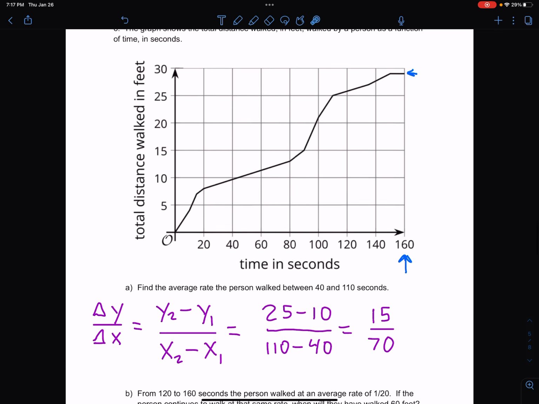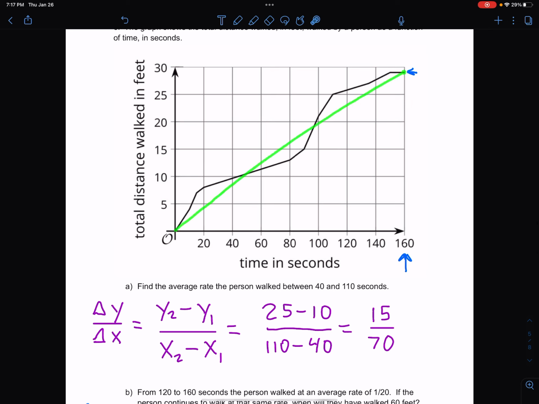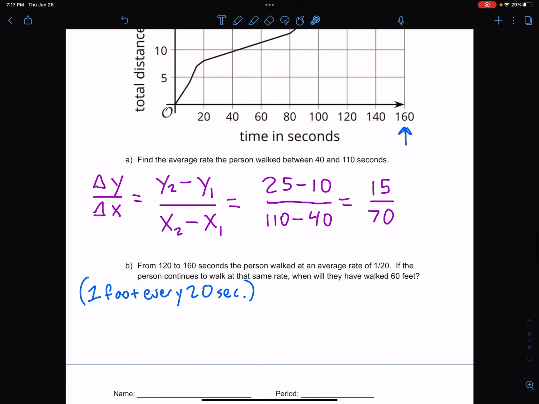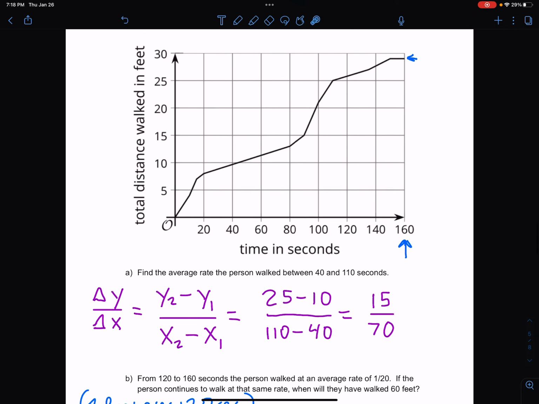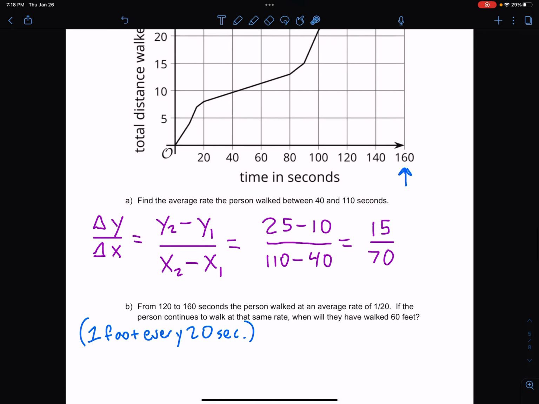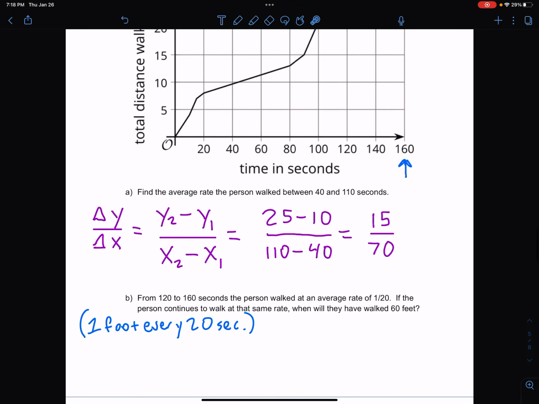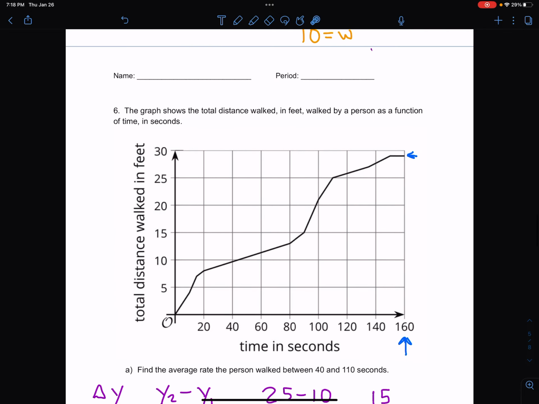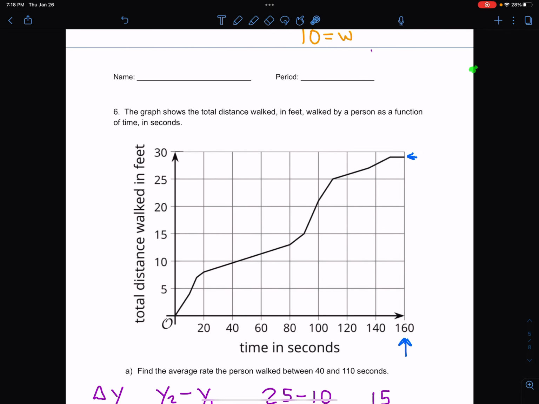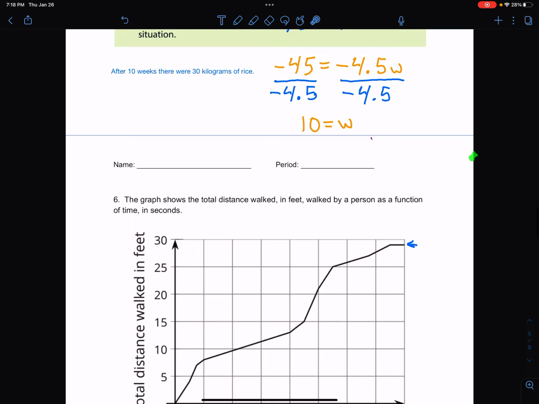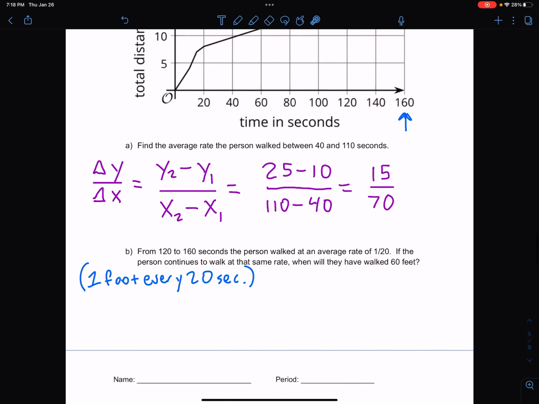So we're not worried about their average rate of change from 0 to 160. We can't use the 30 feet in 160 seconds. We need to calculate how long it's going to take them to walk the rest of the way to get to that 60 feet, which would be way up off the graph. It's double 30. So we can't use this graph to figure it out.